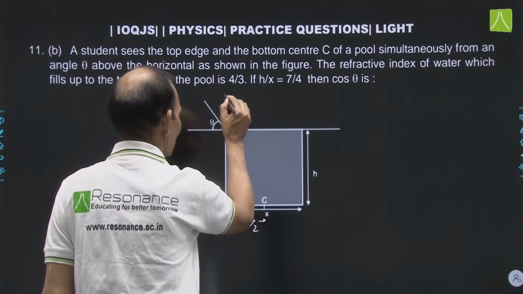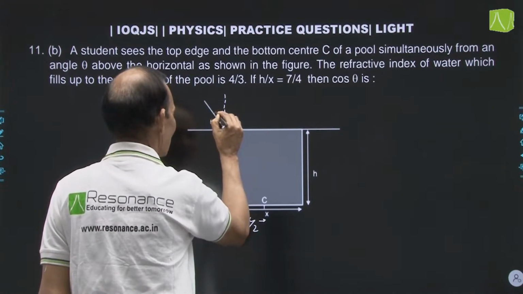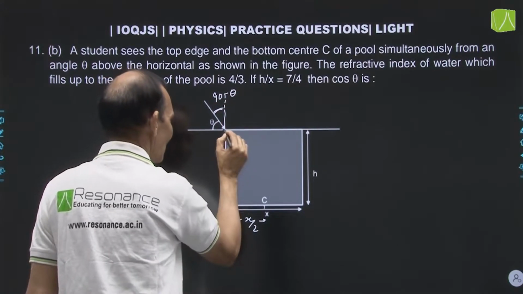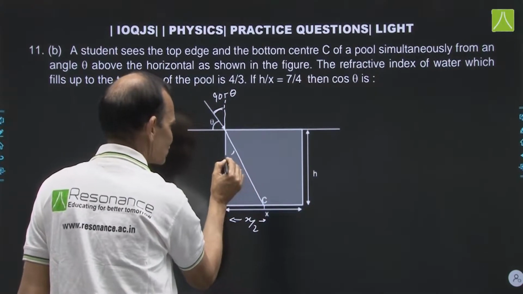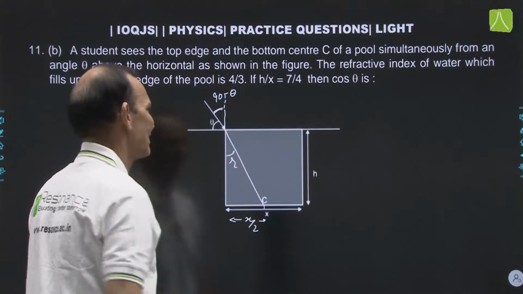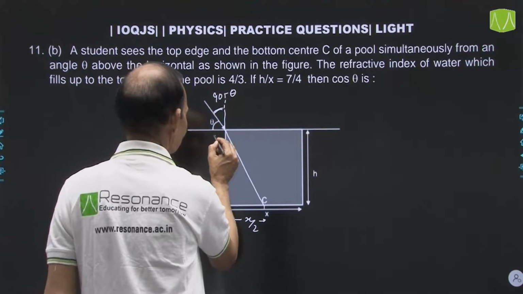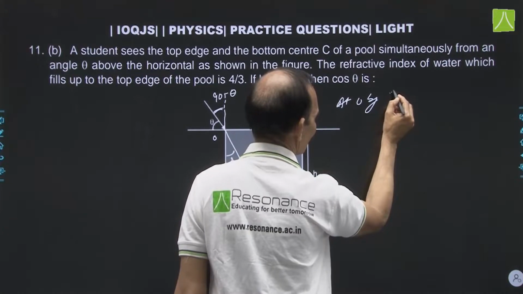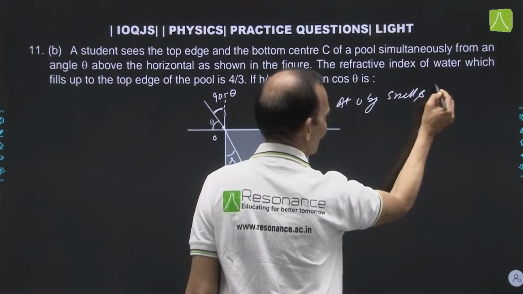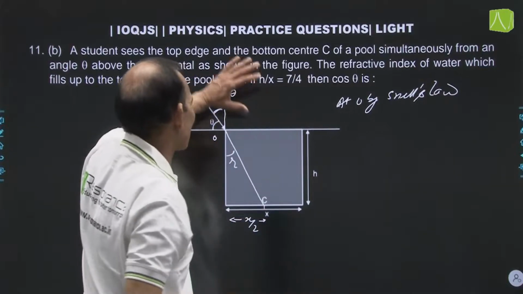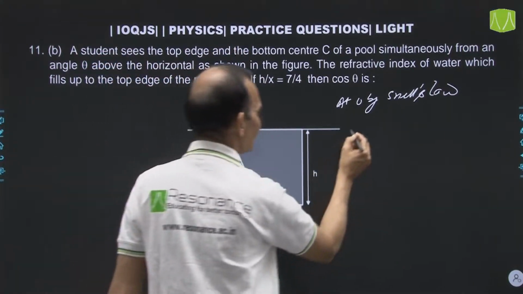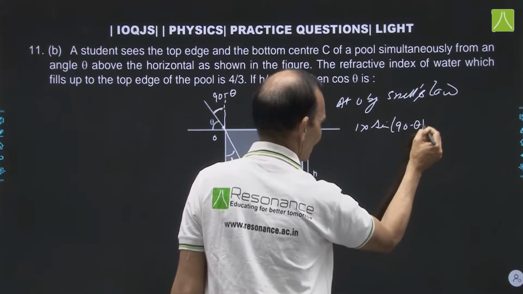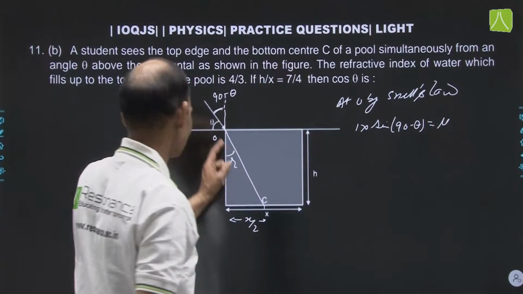Okay, at this surface we can say it is a normal. This angle will be the angle of incidence, that is 90 minus theta. It will bend here. Suppose this is r, we can find it easily at point O. At O, by Snell's law, take the refractive index of this medium 1 into sine of 90 minus theta is equal to mu into sin of r.